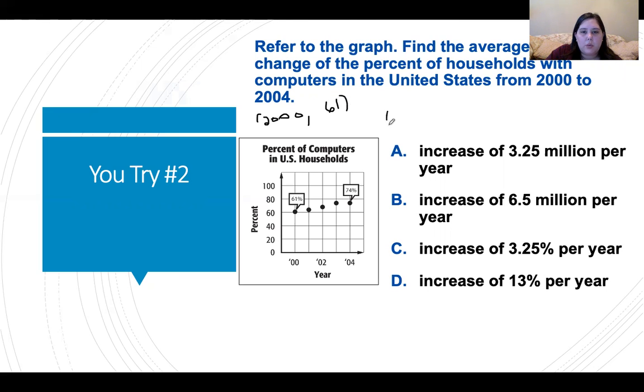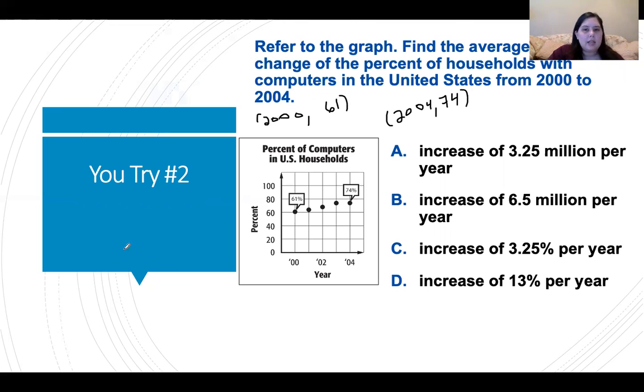My other coordinate point would be 2004, comma 74. These are the 2 coordinate points I will be using.